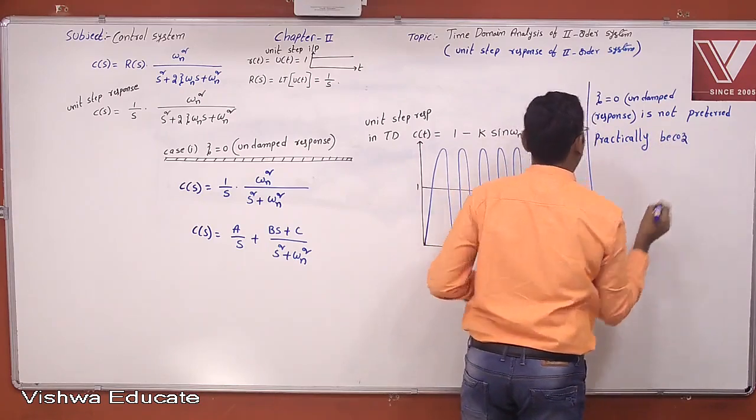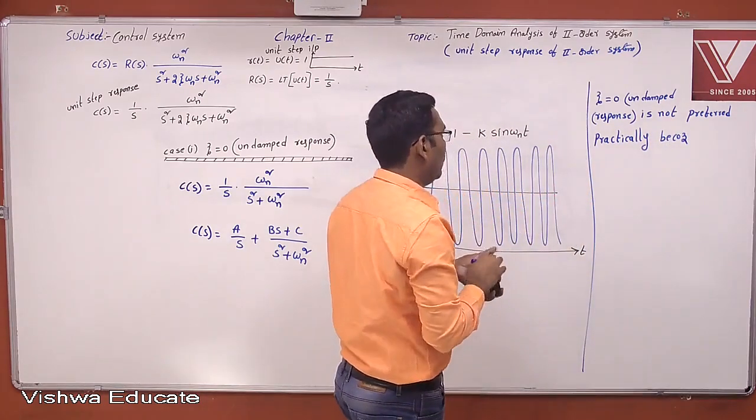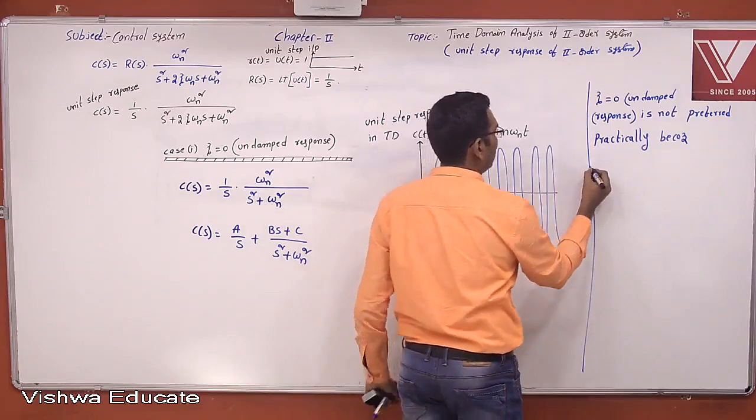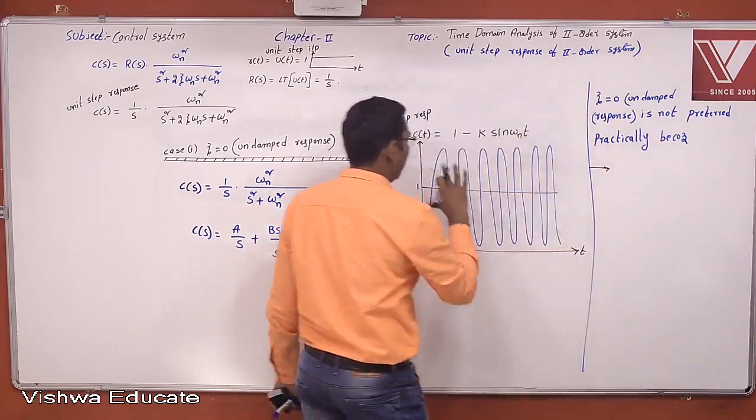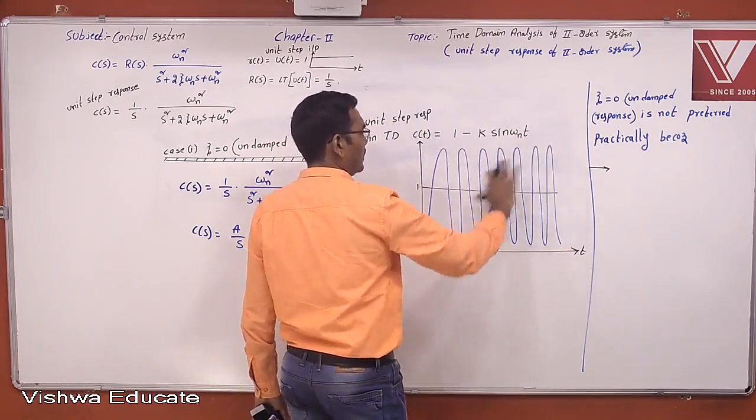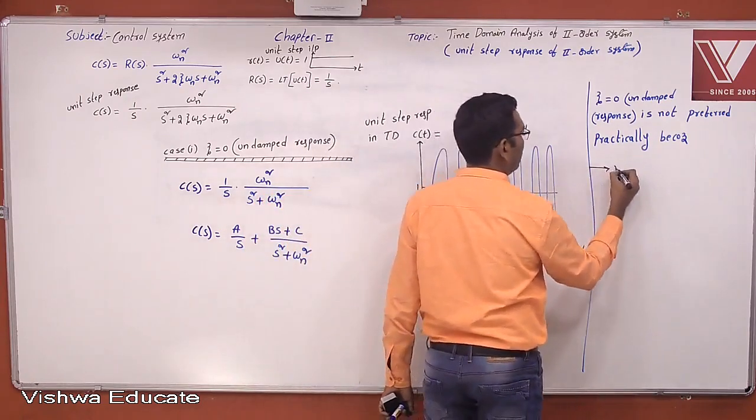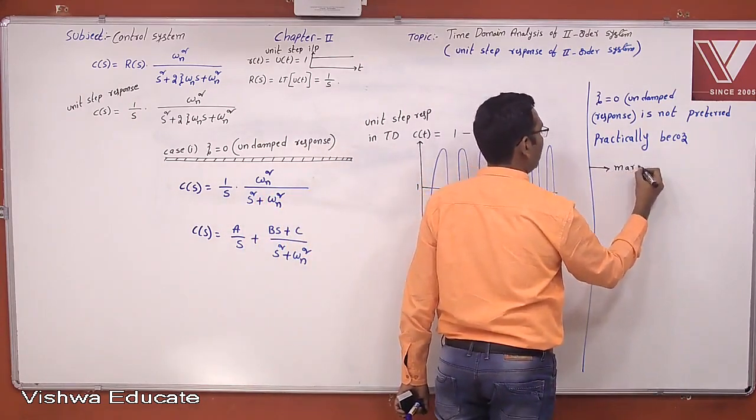You tell me what the reason is. One strong reason: the response maintains constant amplitude and frequency of oscillation, so the system is marginally stable.